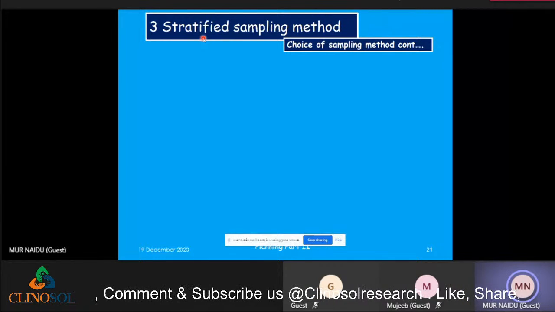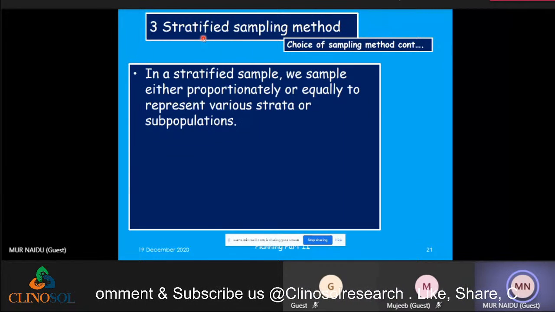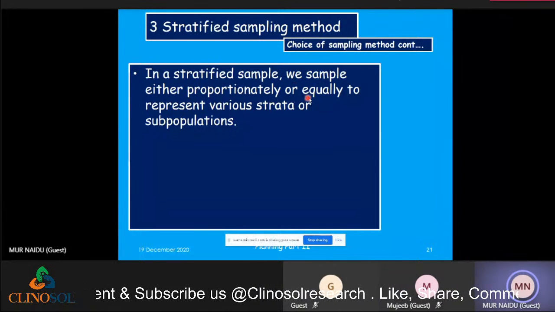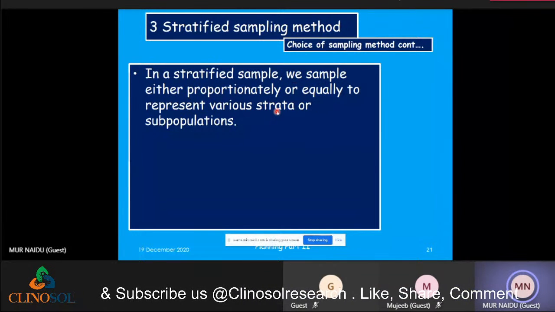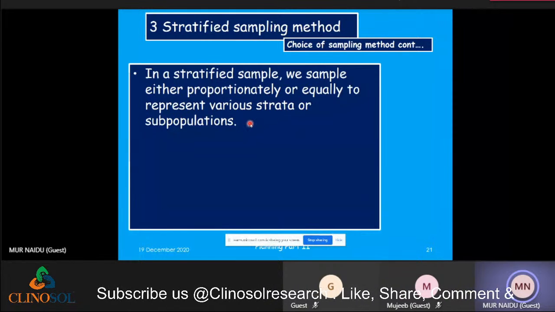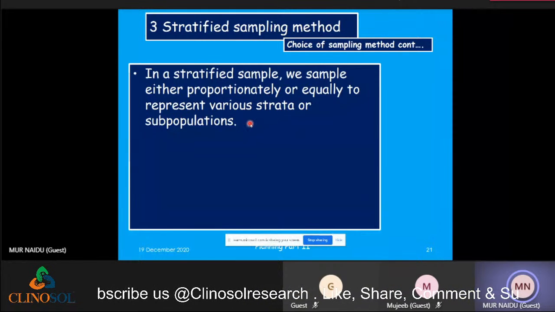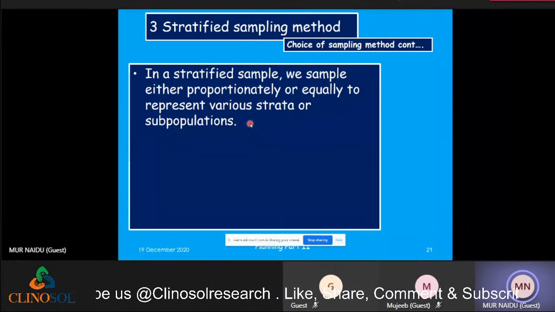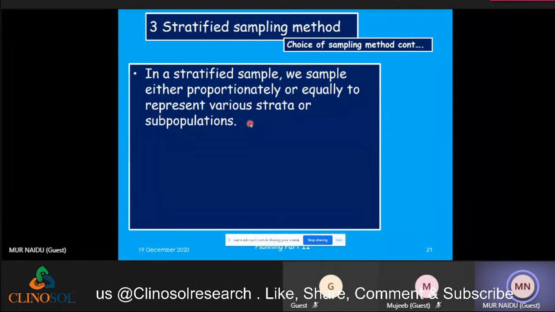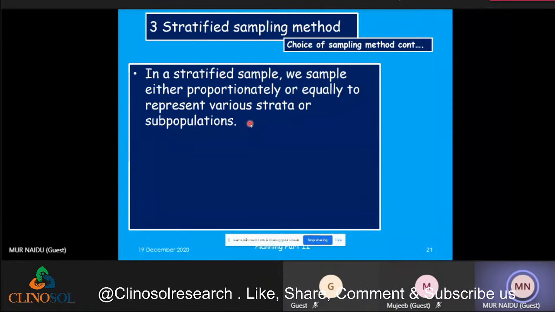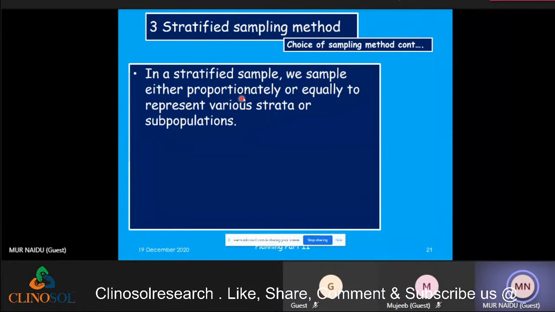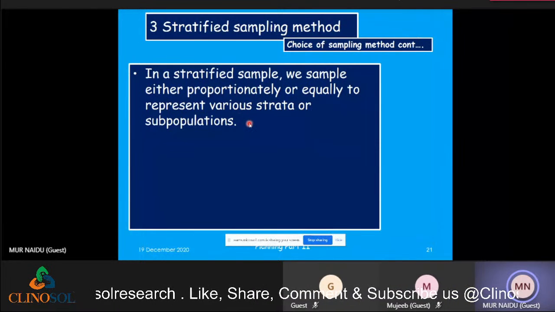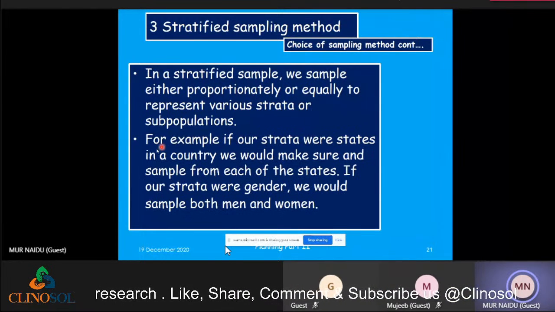Then you have to do what is known as a stratified sample. In a stratified sample, there should be either proportionate or equal representation of the data. You cannot say that you will take few smokers and a large number of non-smokers. No. Depending on the data, there should be equal distribution.